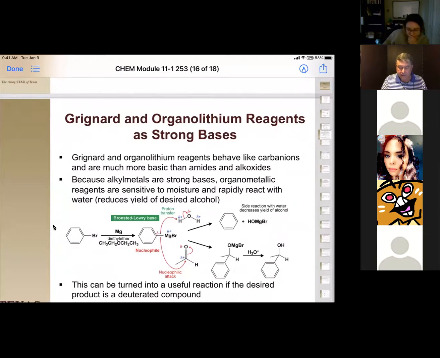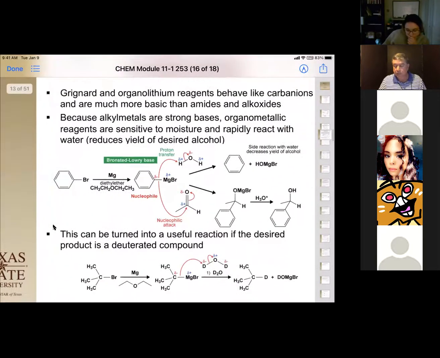So the idea is that we have this carbon anion. Remember, the pKa's for these are high: acetylene is 25, alkenes are 44, and alkanes are 50.